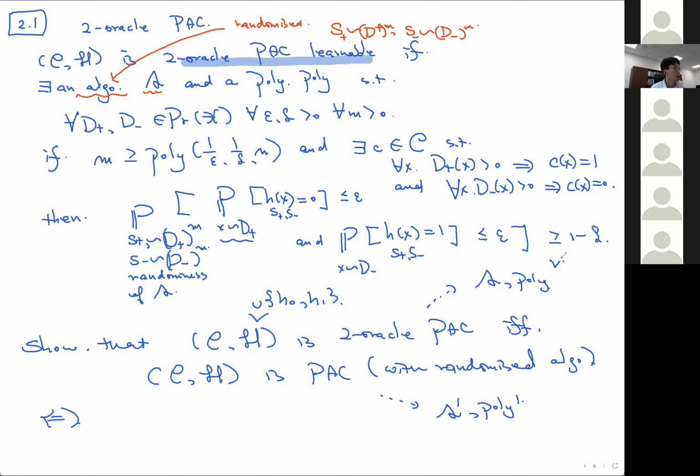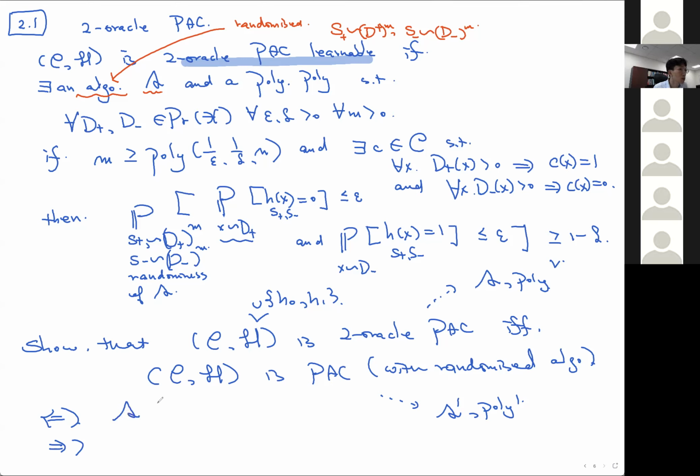And for the other direction, using A and poly, you have to construct A prime and poly prime. So from one, you need to construct the other. The key idea is that A and A prime take different interfaces. One takes two sets of samples, S plus and S minus in the above case. The one below takes only one sample, which is S.